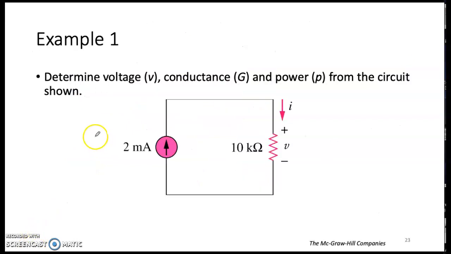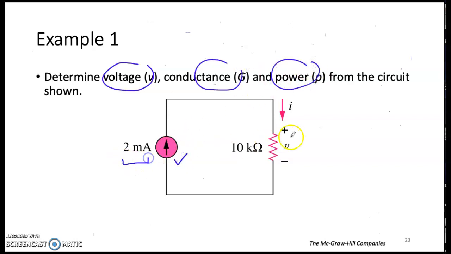Okay, now let's calculate one circuit. You need to determine the voltage, conductance and power. You are given a current source of 2 milliampere. There is a resistor of 10 kilo, and the current flows through the positive according to the passive sign convention. So what is V? You know V is equal to IR. The current source here is 2 milliampere multiplied by 10K.